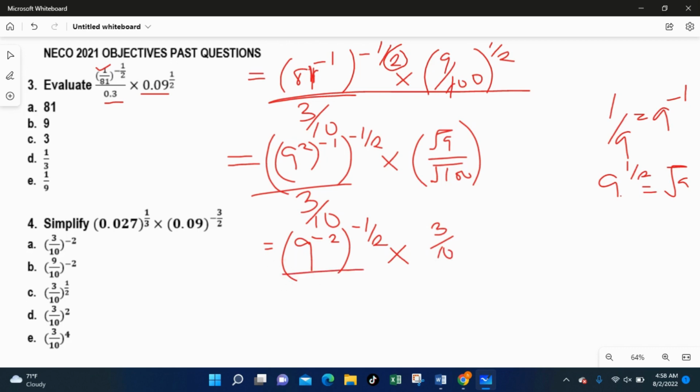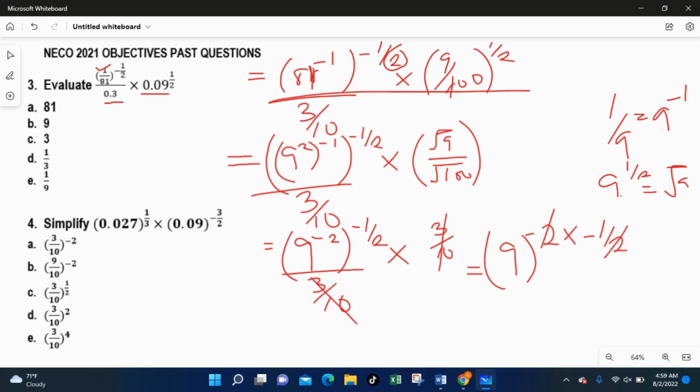And this will be over 3 over 10. So you see, we are simplifying it gradually. This will cut this. So what we have remaining is 9 raised to power minus 2 times minus 1 over 2. So 2 will cut 2.